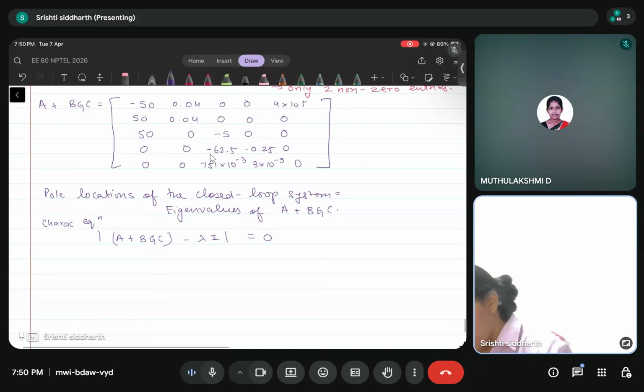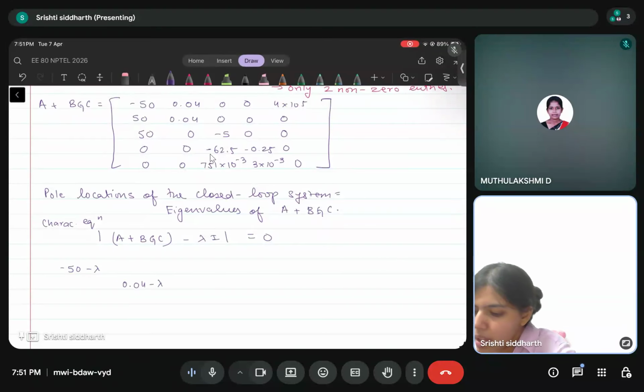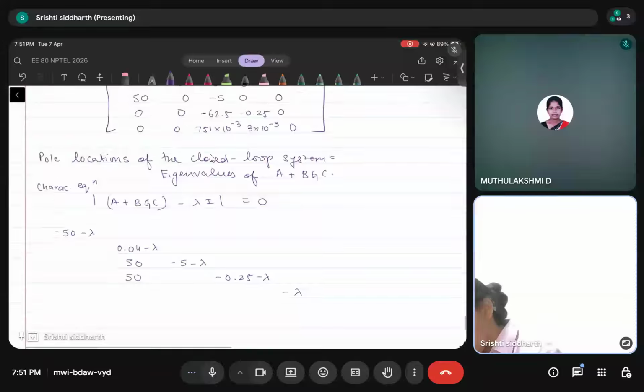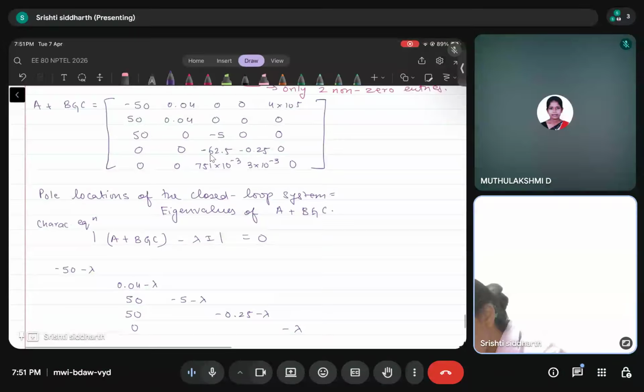Okay, so let's write this down, which is minus 50 minus lambda, 0.04. So we'll just subtract lambda from the entries on the main diagonal. This is minus 5 minus lambda, and then minus lambda, 50. No, I think I missed out. Yeah, sorry.